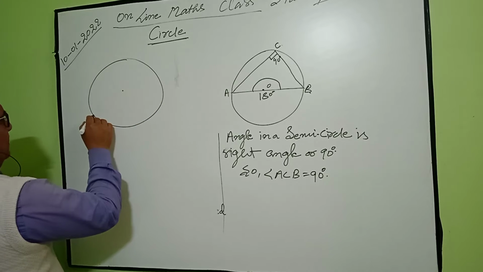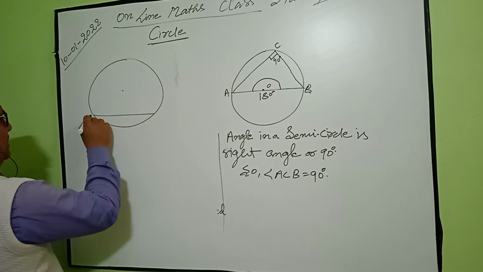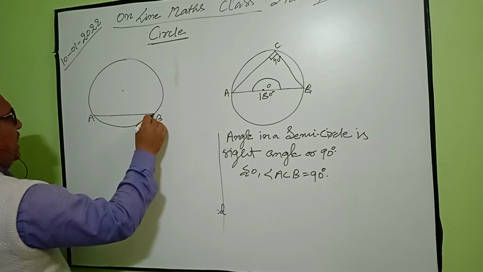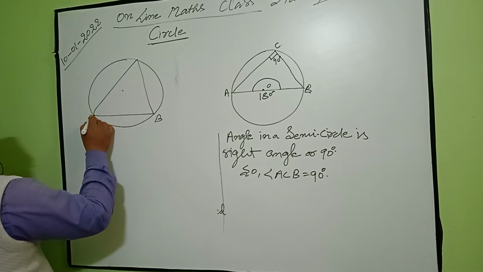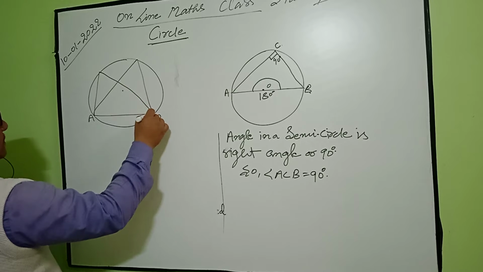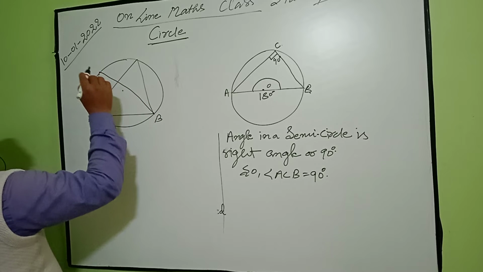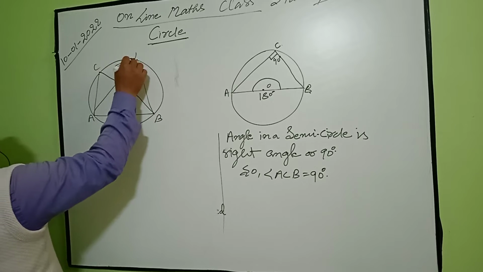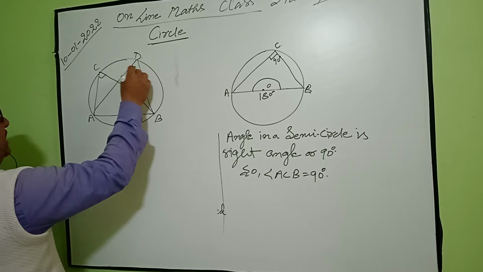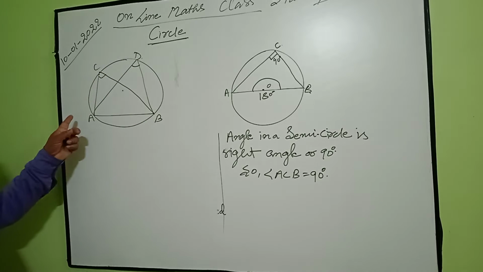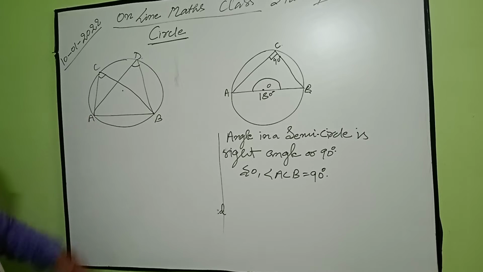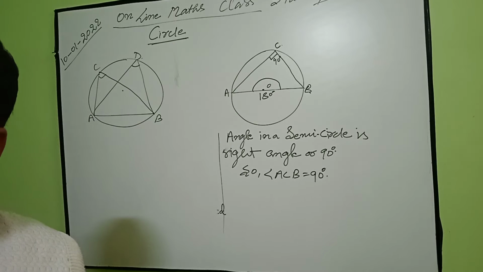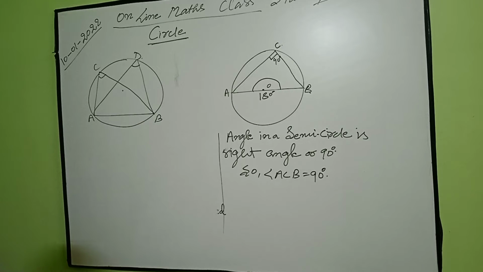This one is the center. Suppose AB is the same base and touches the circle. ABCD. Then this angle and this angle will be same because of the same base.